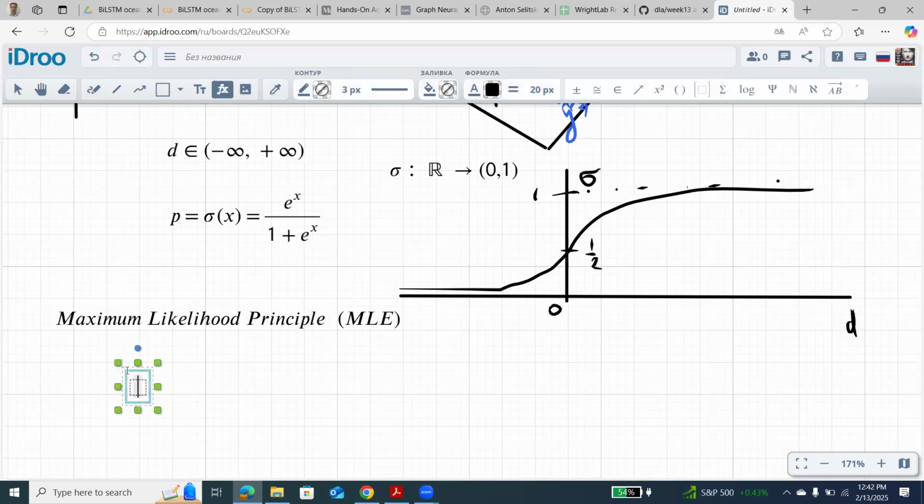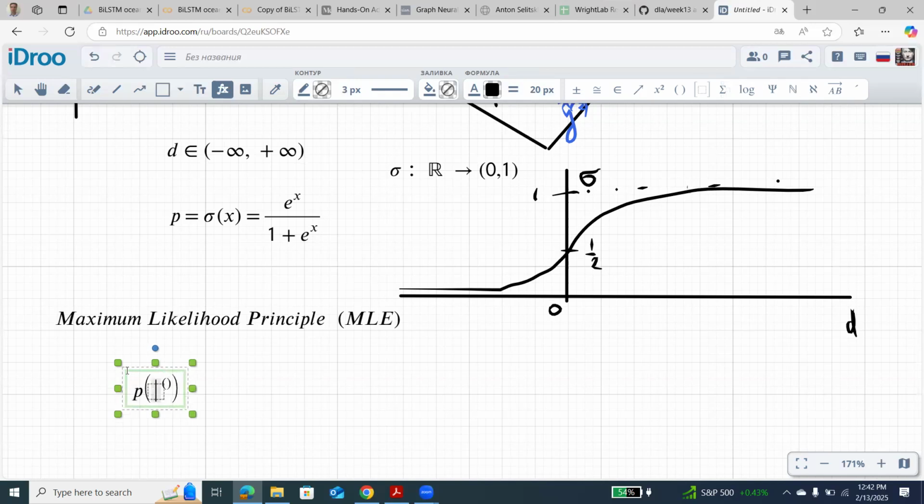So in statistics, we always assume that data are independent, because if data are dependent, we should learn the joint distribution, which is in most cases impossible. We don't even know the distribution of individual points. So we assume independence.